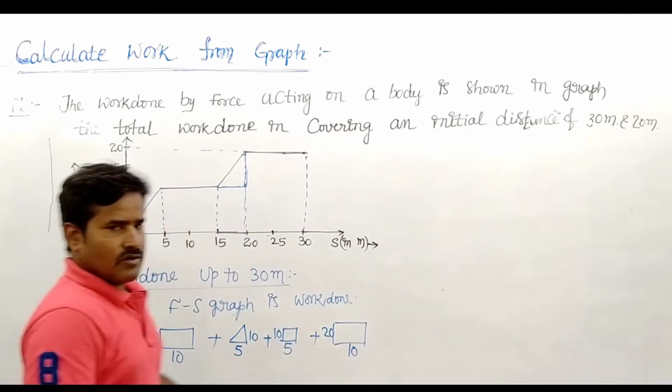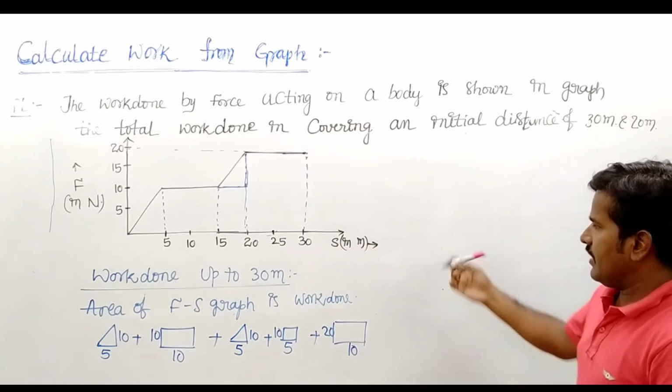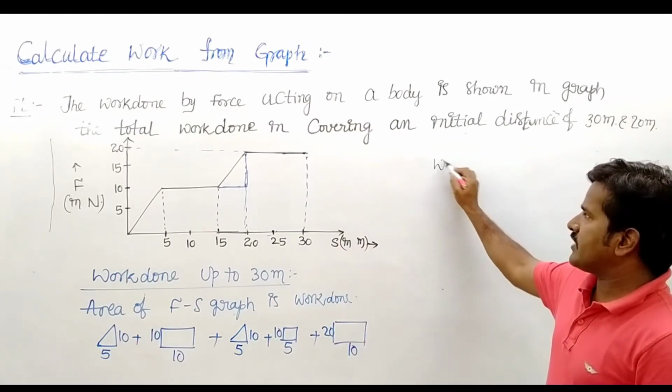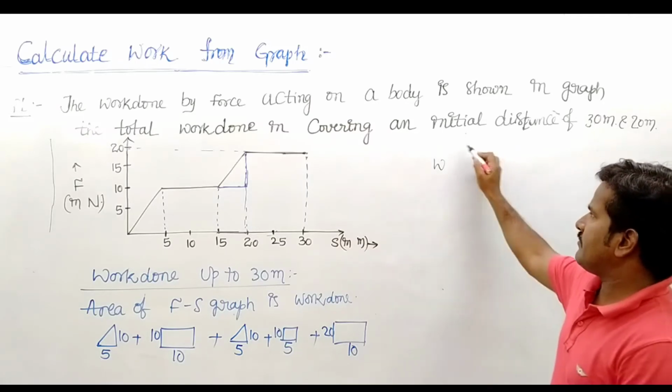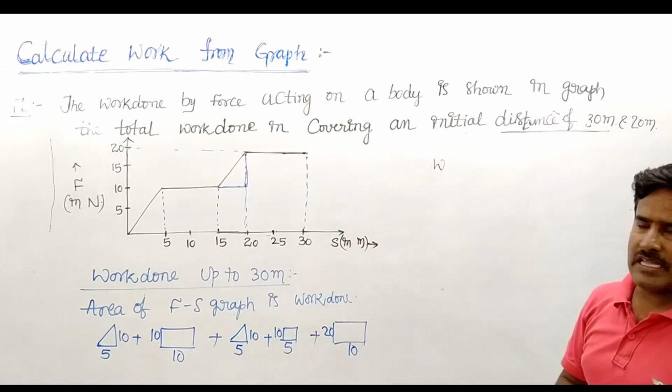So this is the total area of the F-s graph. That area means the work up to a 30 meter distance. What is the work done?